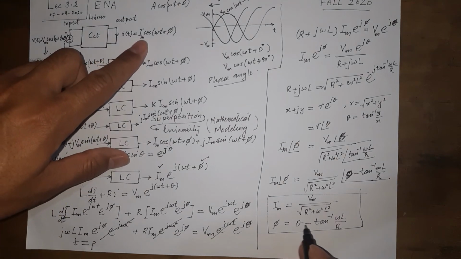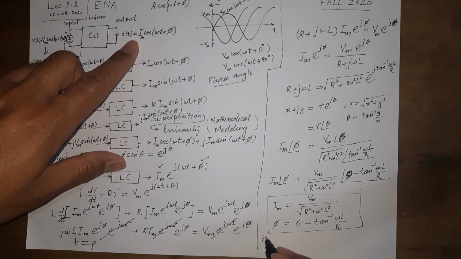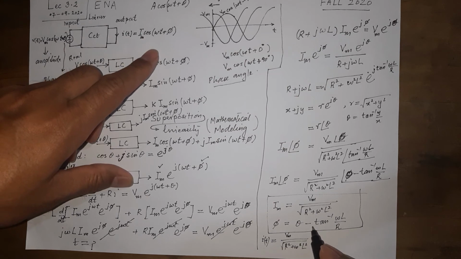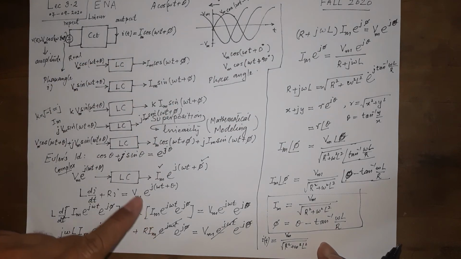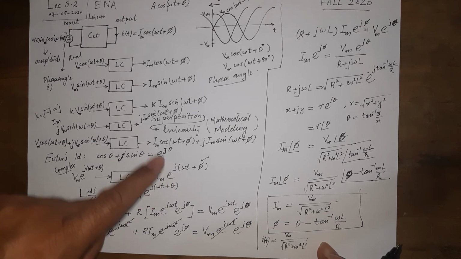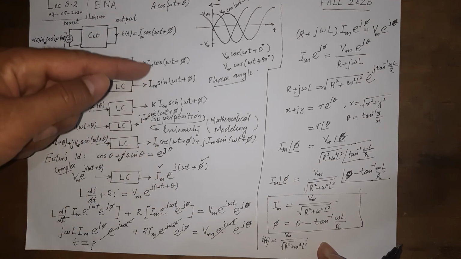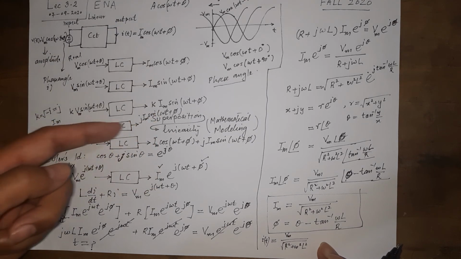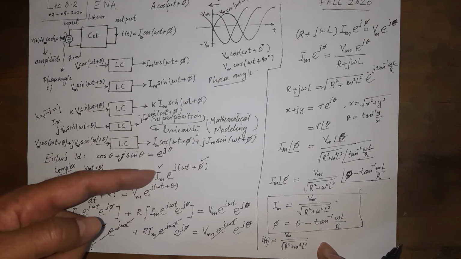This is the result, and now you can see that at the end we started with this thing. At the end I can write that IT is equal to Im, which is Vm over square root of r square plus omega square L square, and actually we started from here. This is Im. We came to this point through this side. We added an imaginary term here to get this complex quantity.